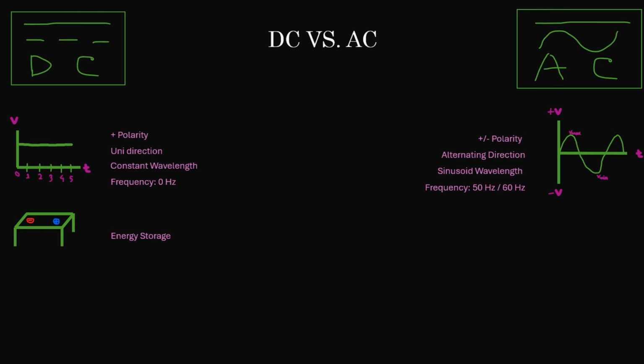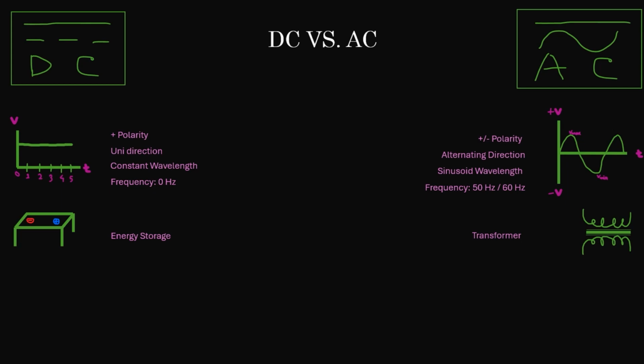But then again, you have the transformer in AC, and I cannot emphasize enough how important the transformer is, because if there wasn't the transformer, electricity wouldn't be as cheap as it is, and we wouldn't have electricity all around the globe right now. The transformer helps us really well to transfer energy from one location to another.